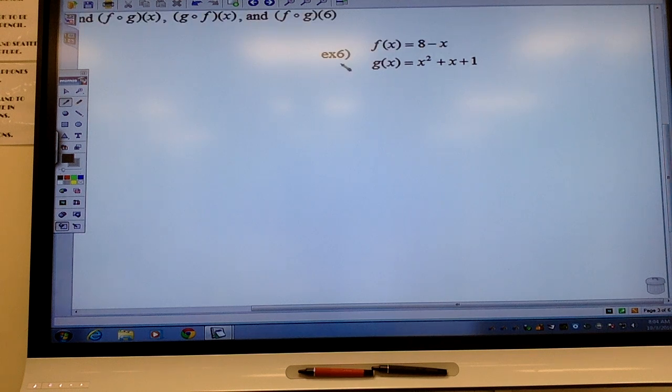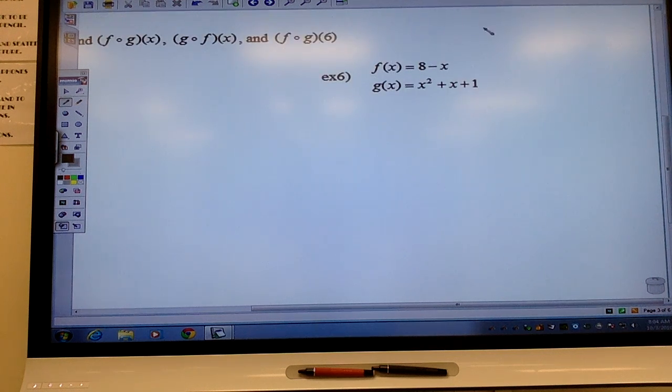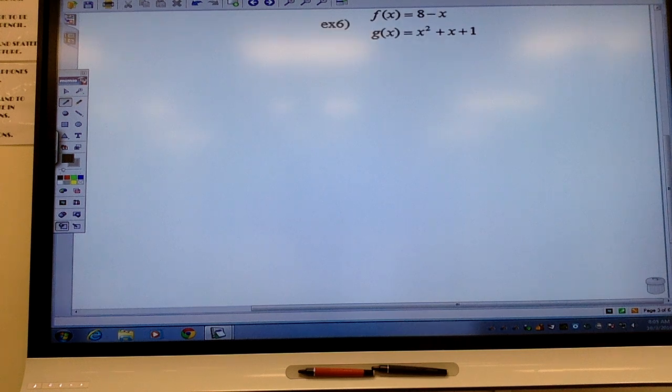All right, so in number 6, we need to do f of g of x, g of f of x, and f of g of 6. So let's start off by labeling these A, B, and C. All right, so A says f of g of x.